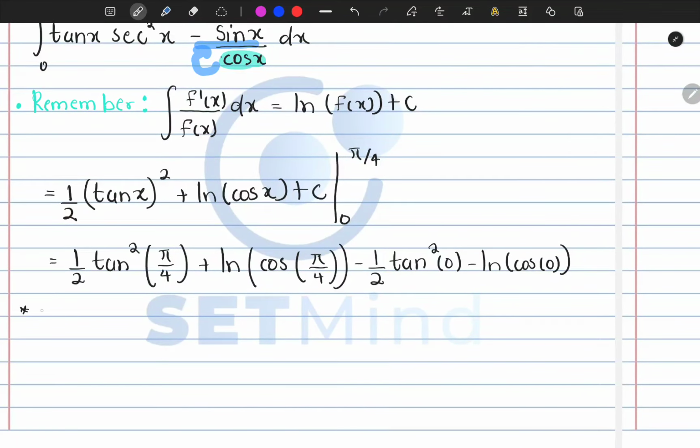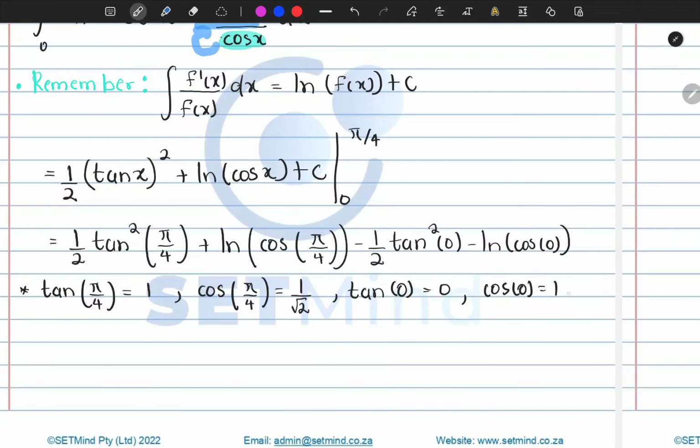I should remind you that tan of 45 degrees, which is pi over 4 in radians, is 1. And cos of pi over 4 is 1 over square root of 2. Tan of 0 is 0, and cos of 0 is equal to 1, so ln of 1 is 0.